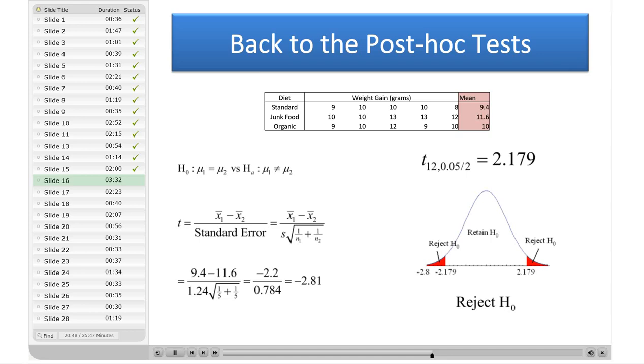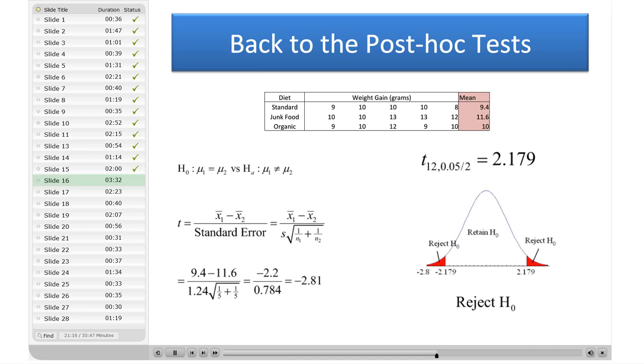Now, on this problem, we know that x1 bar is 9.4. That's given to us in the pink column of the table at the top. We know that x bar 2 is 11.6. Now, s is the pooled estimate for the standard deviation that we got on the previous slide. So that's equal to 1.24. And then n1 is 5 and n2 is 5 because those are the sample sizes for our two different samples.